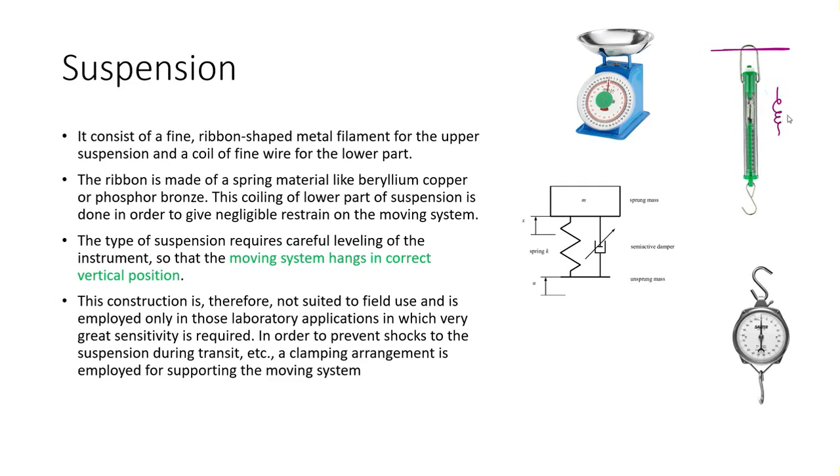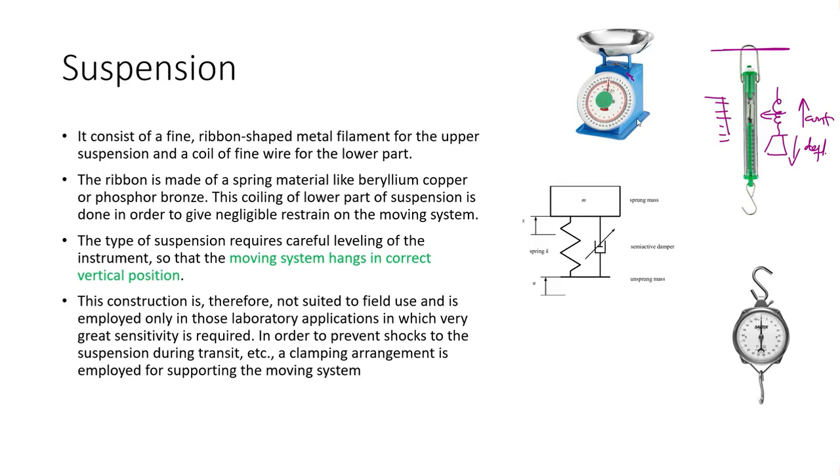So the spring has some force which makes this thing go up, but the weight has some force which makes this thing go down. So the spring force is actually the controlling force, and the down force is actually the deflecting force. And let's say there is a needle which is giving us some readings on the scale. So this needle is then damped using some liquid, let's say liquid in this physical balance.